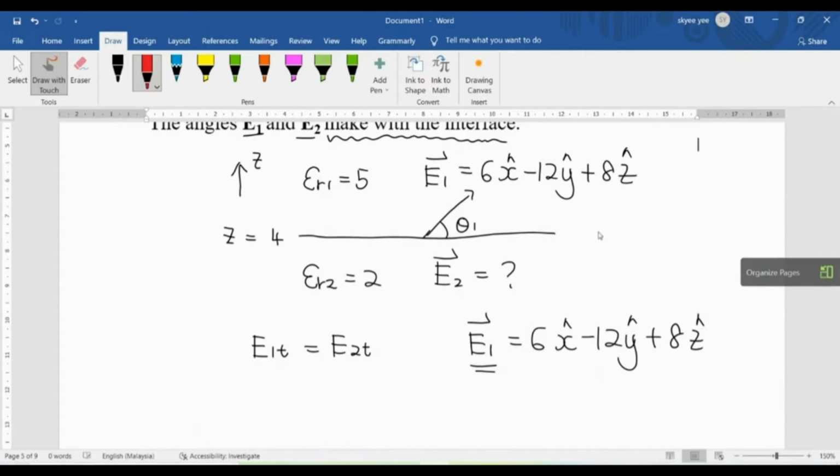Like I explained before, the normal component is the component that is at 90 degrees with the interface between two mediums. The tangential component is the component parallel to the interface separating the two mediums.